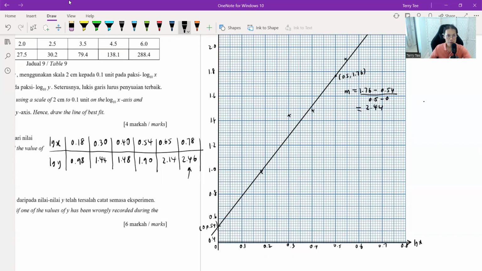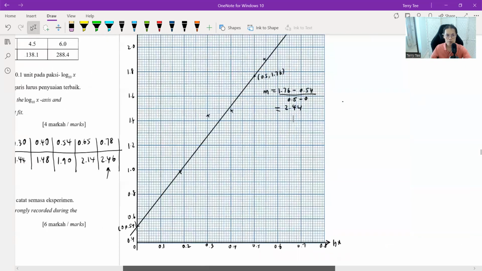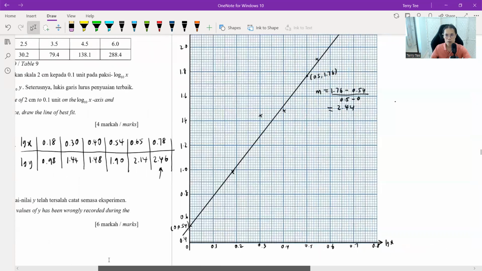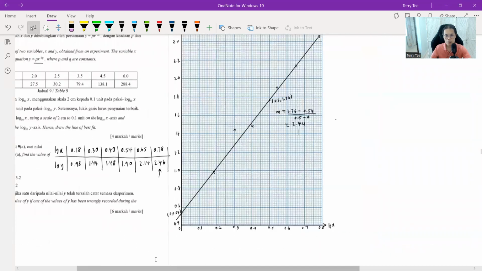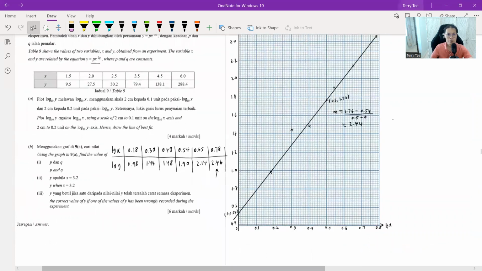Okay, let me just go back to here. I think I will show my working over here. You're supposed to find the value of P and Q. This is where we have to introduce logarithm on my original function. My original function is this. I will introduce logarithm on the left and on the right, b times x power 2q.